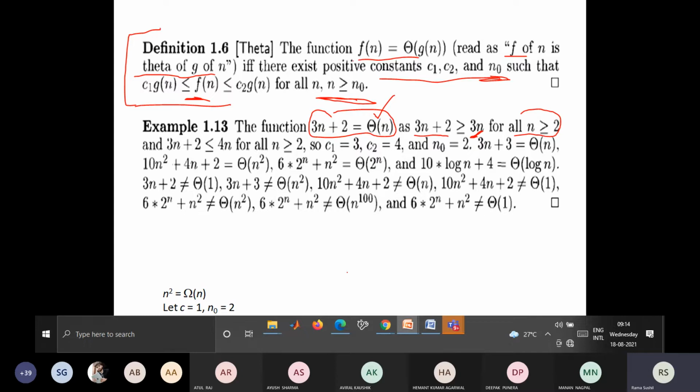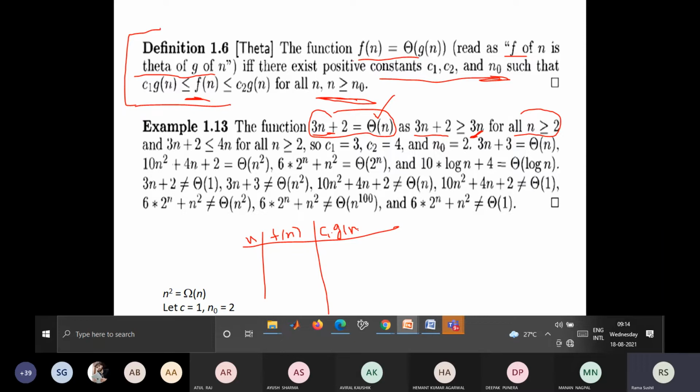It's the same as the tabular method I told you about: you can draw the table and write down the values of n, and here you can have your own function. In this particular example, this first example, your f(n) is 3n plus 2. Then you can write C1 times g(n). What will be g(n) here?